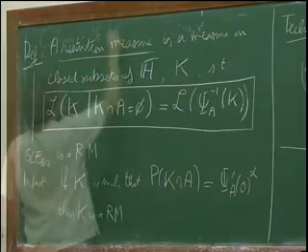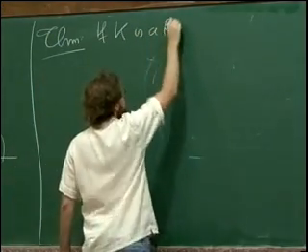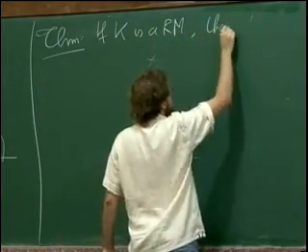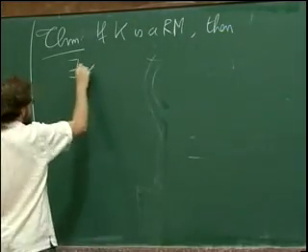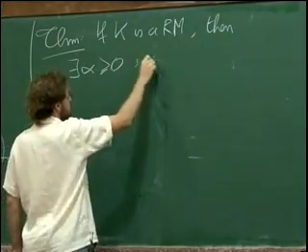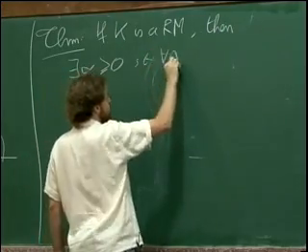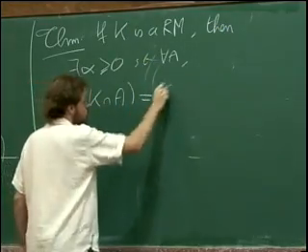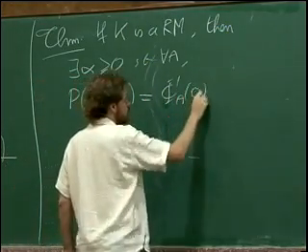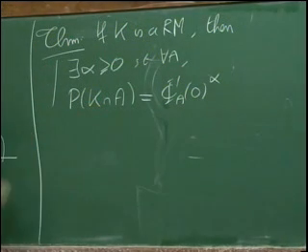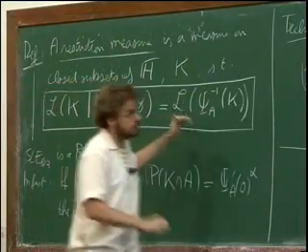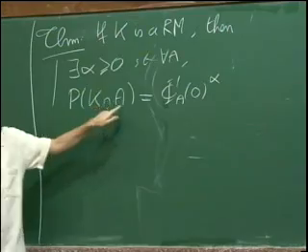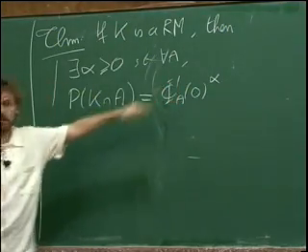If K is a restriction measure, then there is some alpha positive such that for all A, the probability that K avoids A is equal to phi prime A of 0 to the power alpha. So these are the only restriction measures that exist. If you have the restriction property, then the avoiding probability is given by the derivative at 0 to the power alpha.